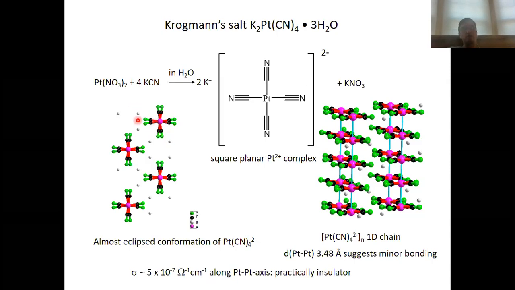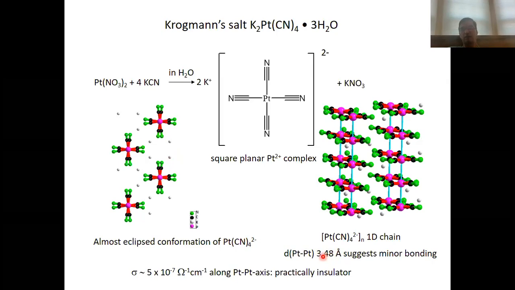Okay, so you have these one-dimensional chains in your crystal structure, and then in the space in between these one-dimensional chains, you have your potassium atoms. These are these white balls here. All right, now you can look at the distance between the platinum atoms, and that's about 3.48 angstroms.